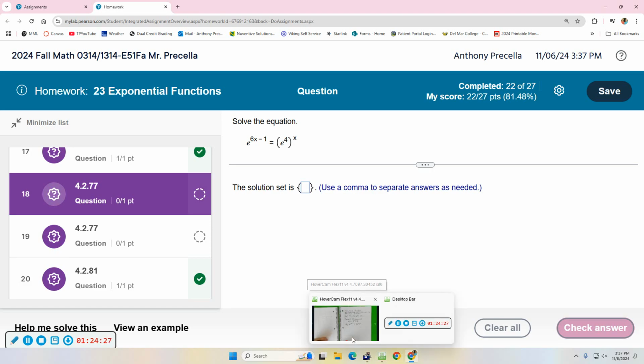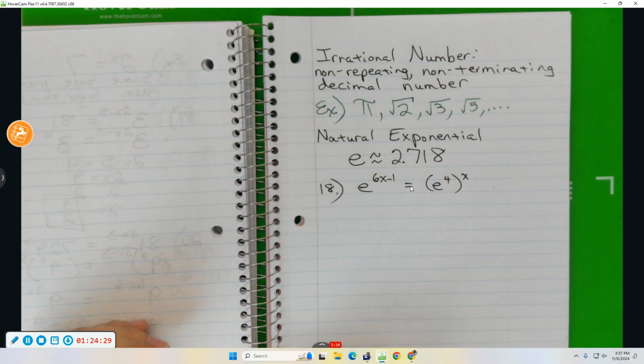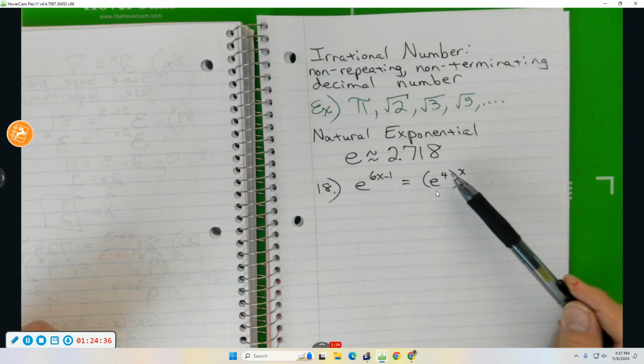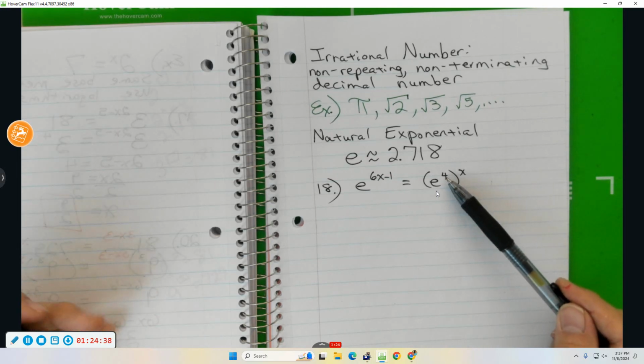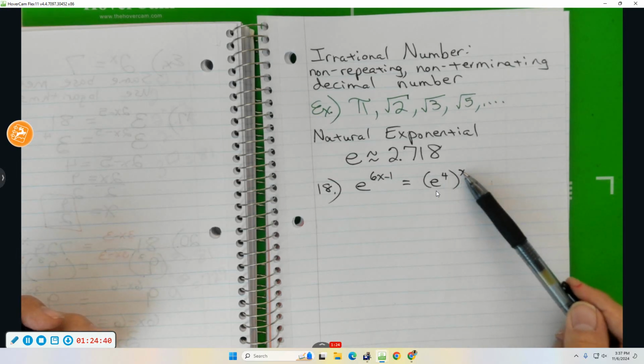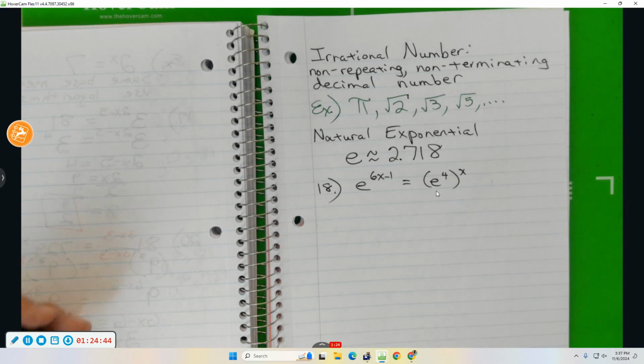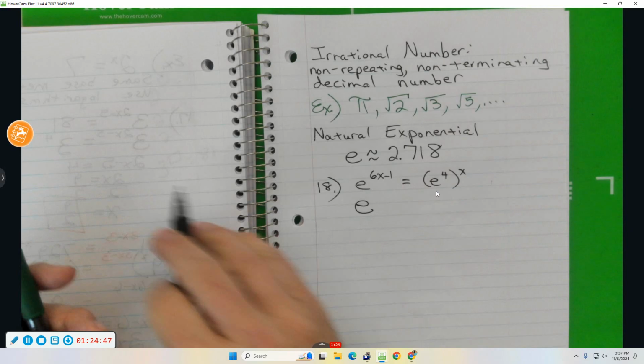So, if there's an e in it, e better be the common base. And we have the e on both sides. The only problem is we can't just drop the e here because we have a power raised to a power. We know what to do when we have a power raised to a power. What are we going to do?